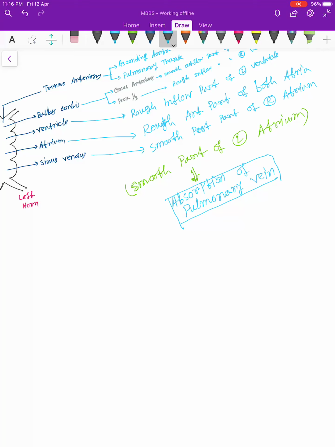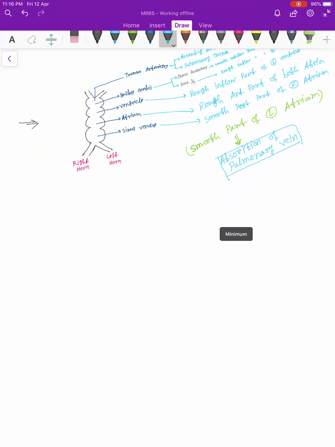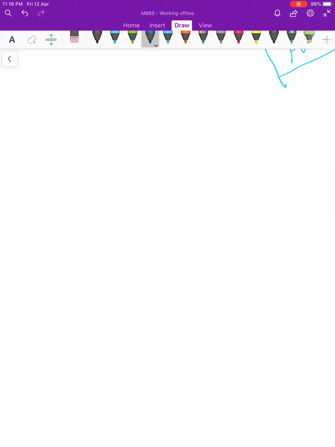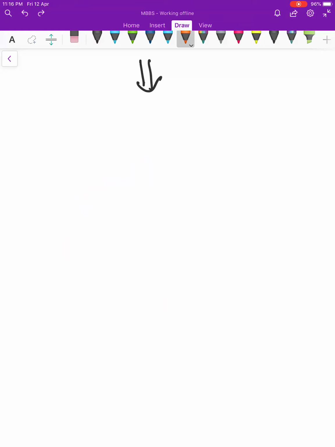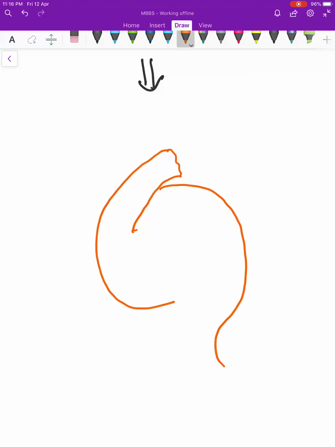Okay, so now after developing the ventricle and atrium, now the structure will look like this.